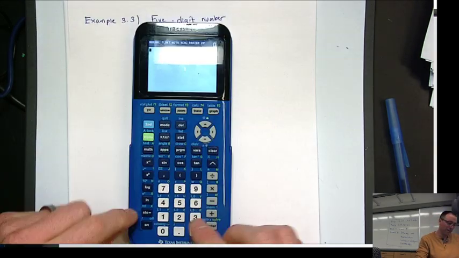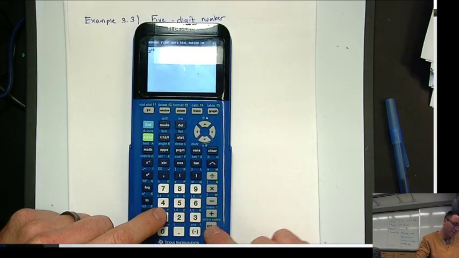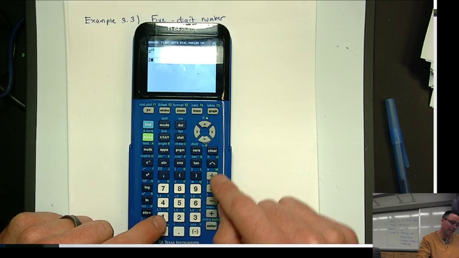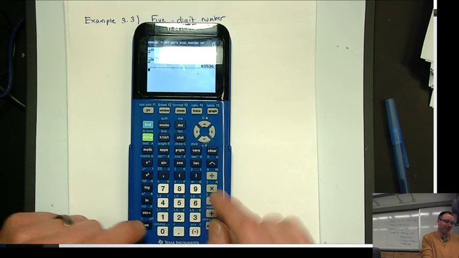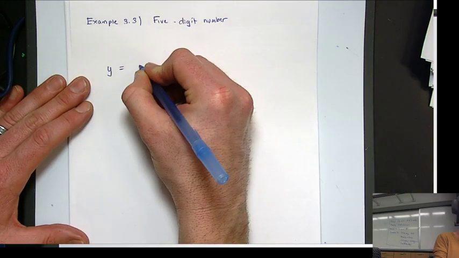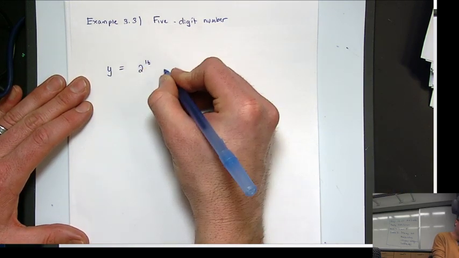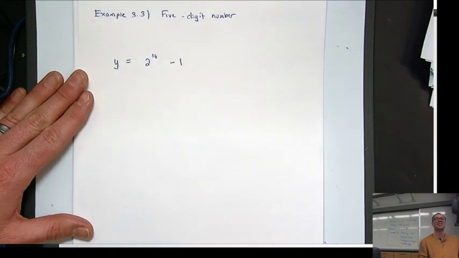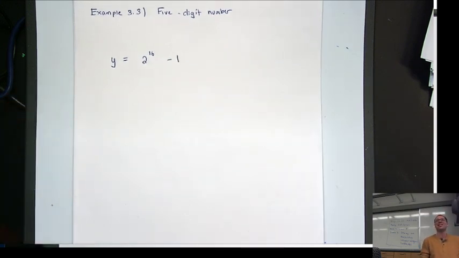So let's see. 2 to the 15th. No, it must be 2 to the 16th. Yeah, there it is. So what I want to do is set this equal to 2 to the 16th minus 1. And you're going to see when we talk about uint16 why I chose this one. It's almost like I was setting myself up.